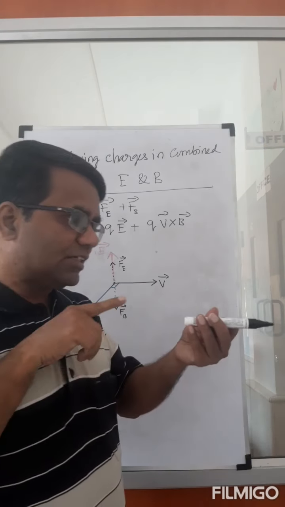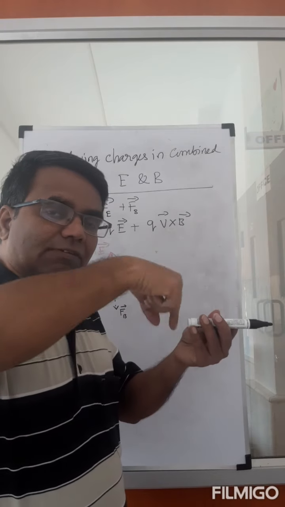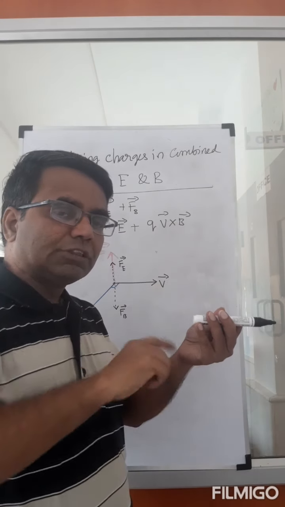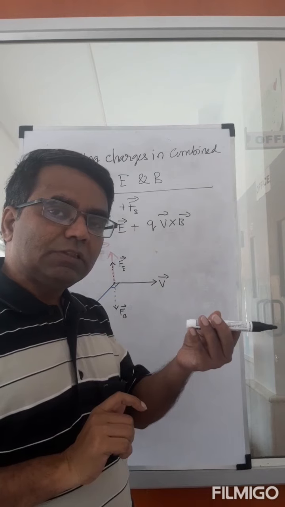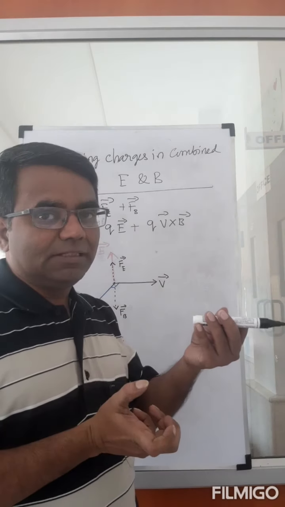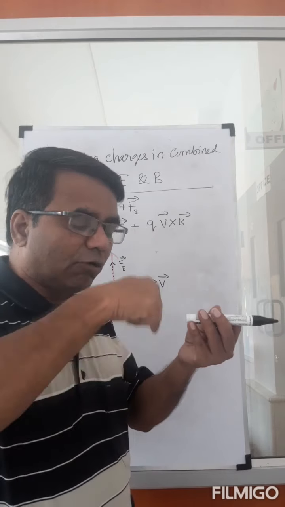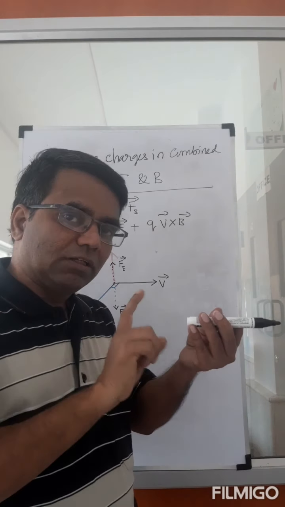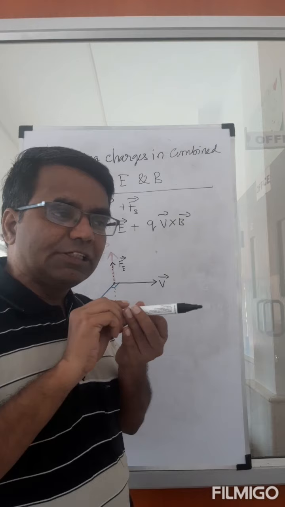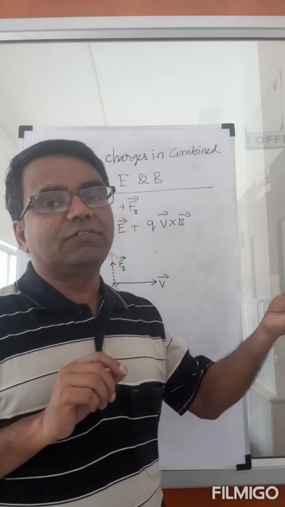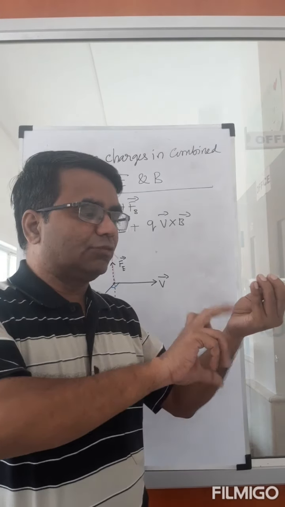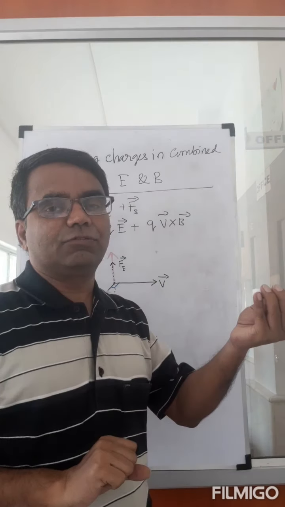So this charge, as it is moving, will experience both a downward force and an upward force. So the net will be the result of these two forces. If the downward force is equal to the upward force, then the charge will go unaffected, because this force will be cancelled by that force.